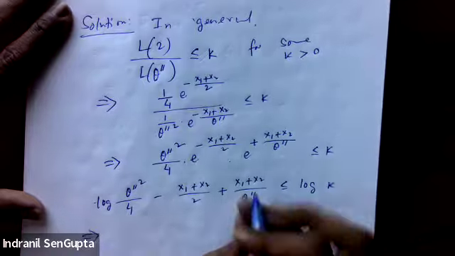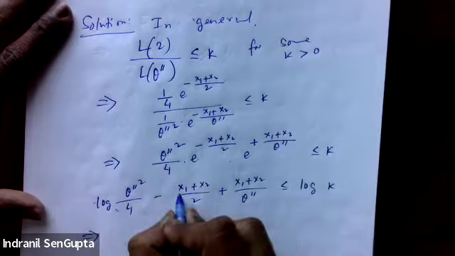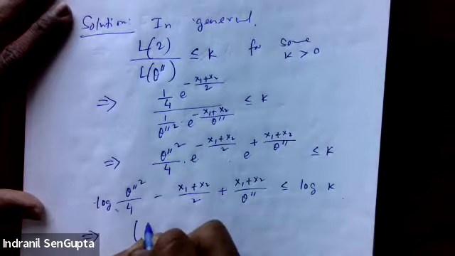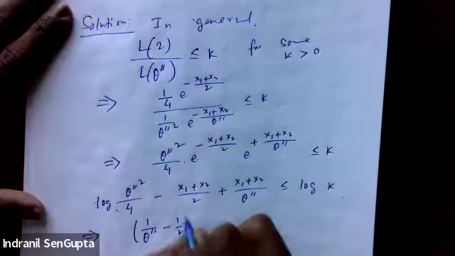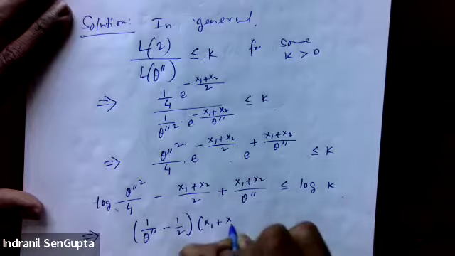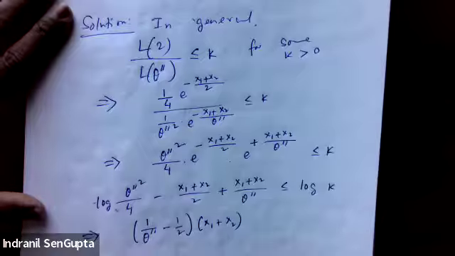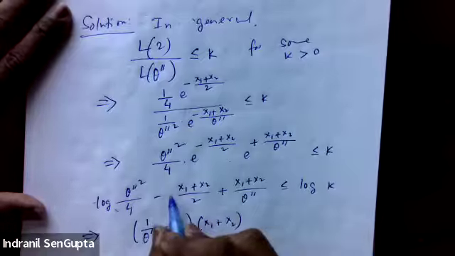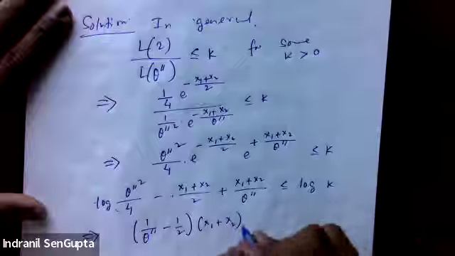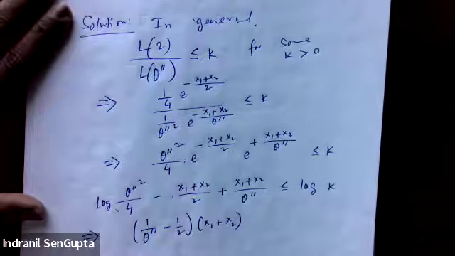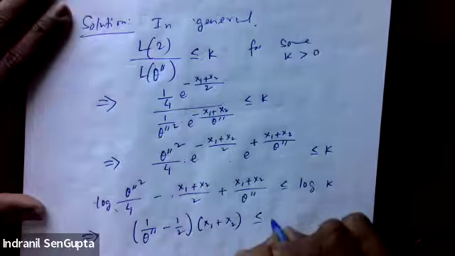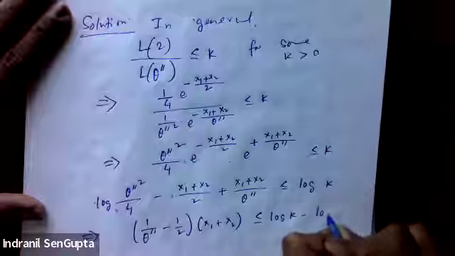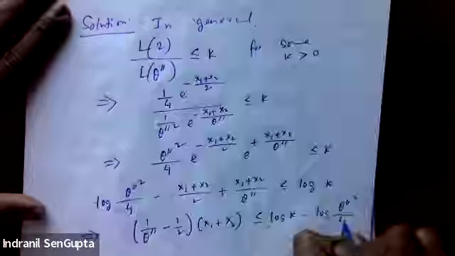So I can write this as (1 over theta double prime minus 1/2) times (x1 plus x2), less than log of K minus log of theta double prime squared over 4.